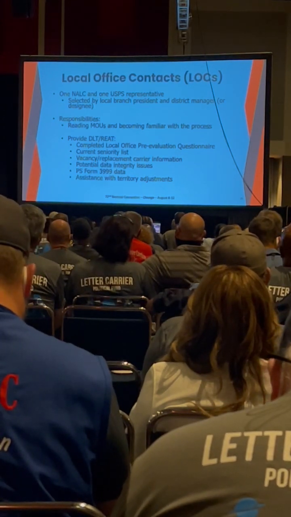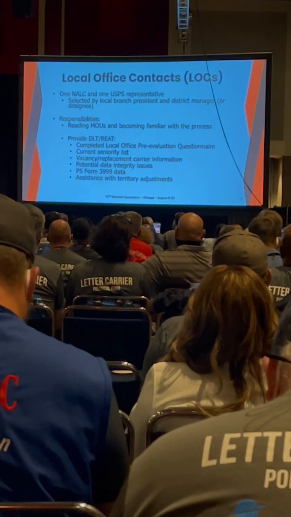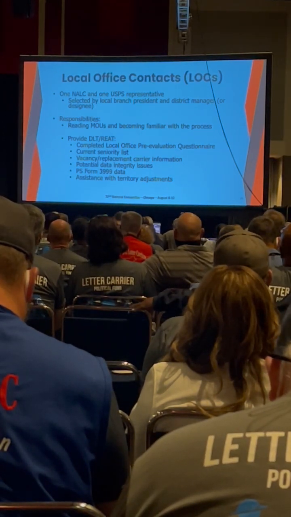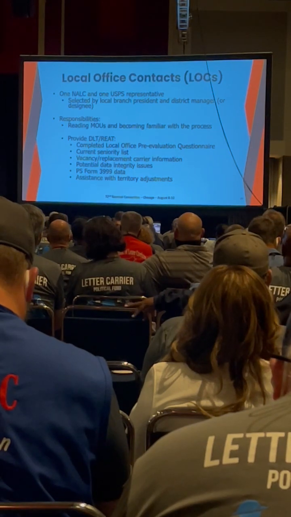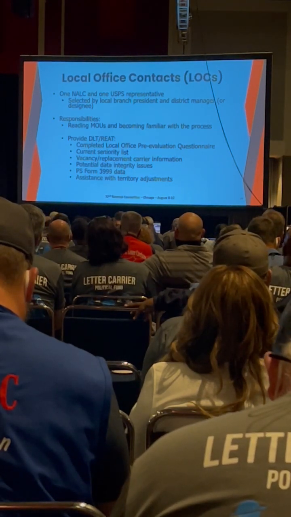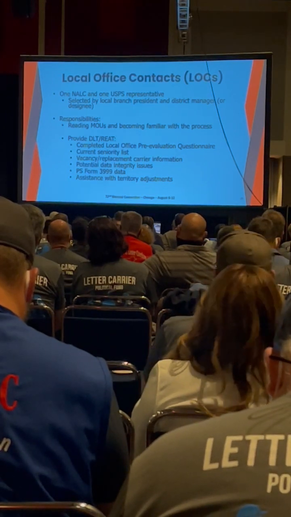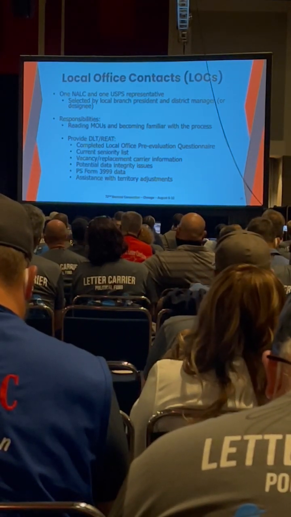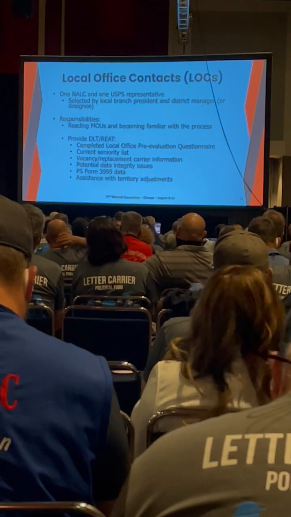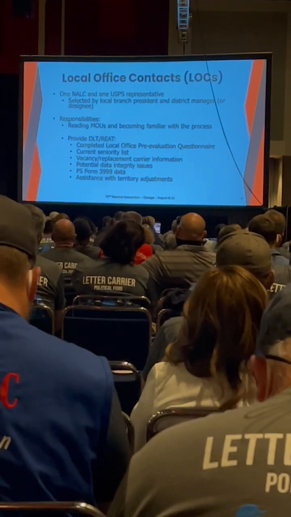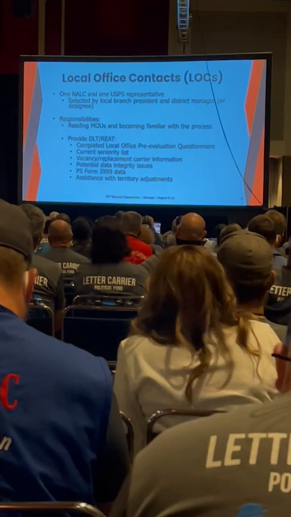Certainly tell them of any potential data integrity issues that might be going on in your office. As you can understand, that's going to be very crucial to whether or not they provide a proper and fair evaluation. Any PS Form 3999 data, make sure that that's available to them, and assist them with any territory adjustments. When it comes time for us to possibly adjust routes in those zones, nobody knows that territory better than you all.